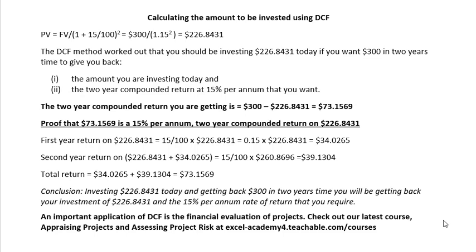The present value, or the amount to be invested today, is $226.8431. Subtracting the investment of $226.8431 from $300, we calculate the 2-year compounded return to be $73.1569.